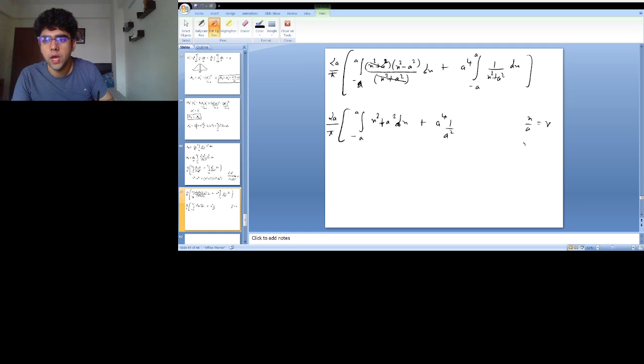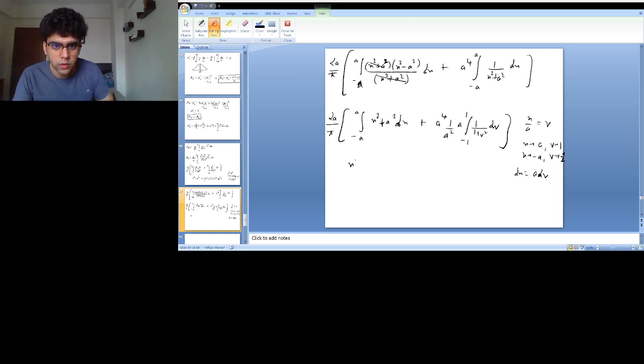Now x goes to a, v goes to 1, x goes to minus a, v goes to minus 1, and dx is equal to a dv. So I have another a here in the numerator, just taking out that common, and what I'm left with is minus 1 to 1, 1 upon 1 plus v square dv. Now I'll be just integrating this.